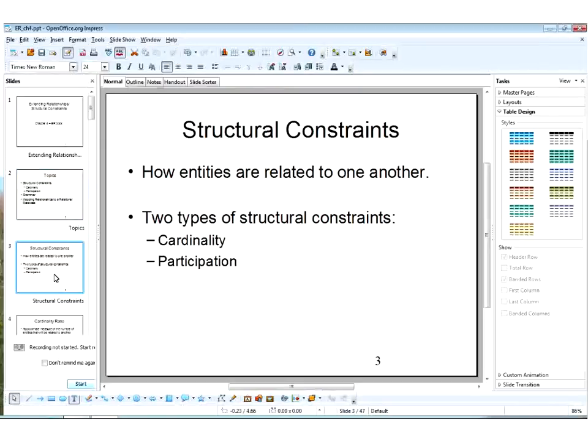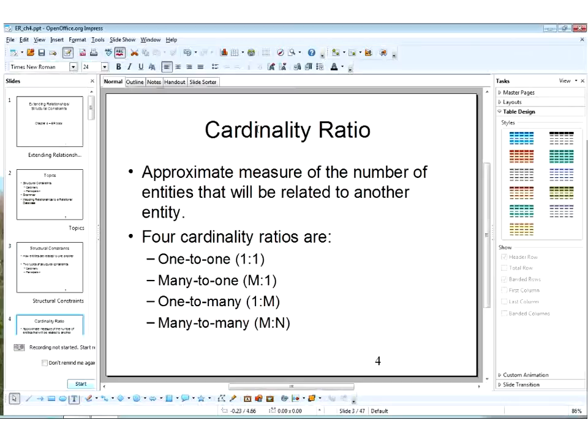Okay, now structural constraints are how two or more entities are related to one another. And as I said, we have cardinality and participation. Cardinality is the number, okay? So it measures the number of entities that will be related to another entity. So it's your ratio, cardinality ratio.